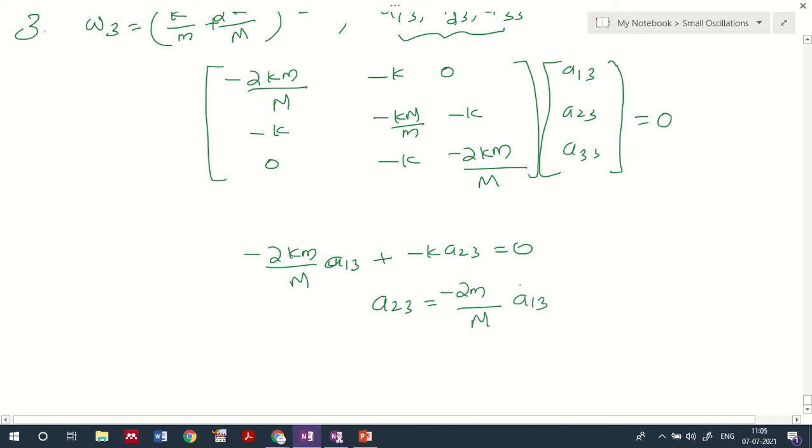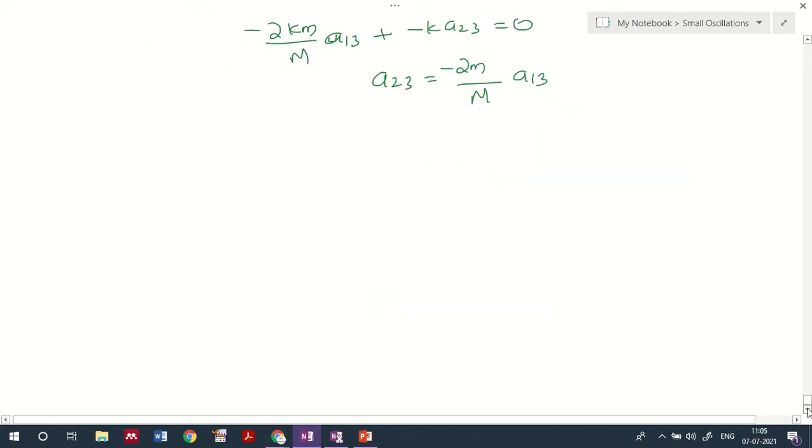So that is the first inference. And the second one: equating the second row, minus k a23 minus 2km by capital M a33 equal to 0.